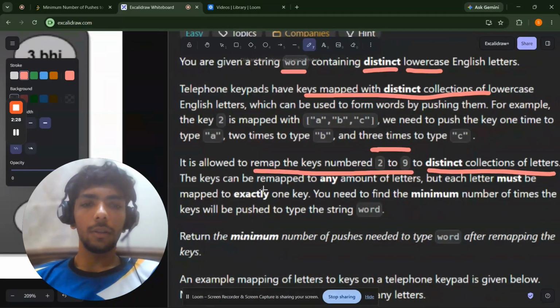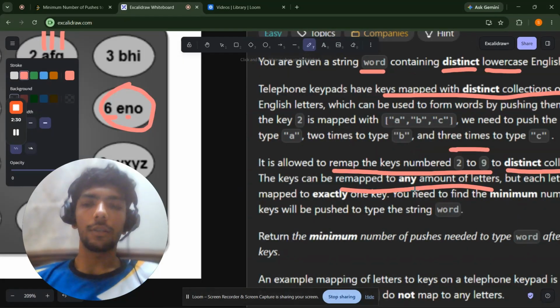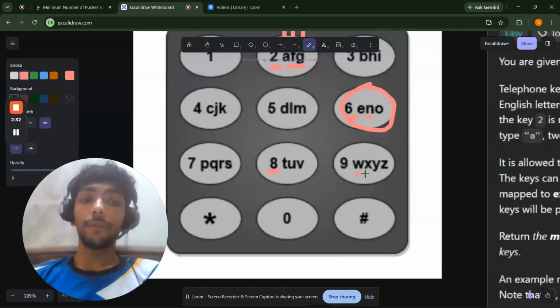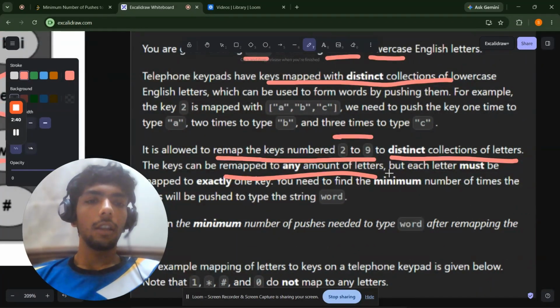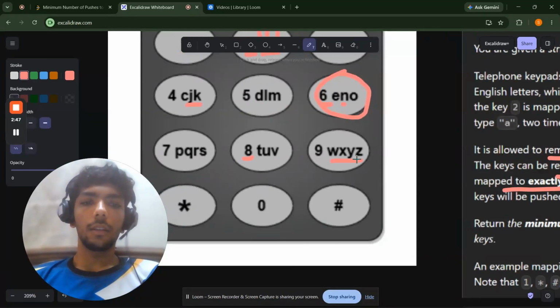The keys can be remapped to any number of letters. Here 9 has four characters, but 4 has only 3. So we can map any key to any number of letters, but each letter must be mapped to exactly one key. That is, any character you pick is present in only one key.